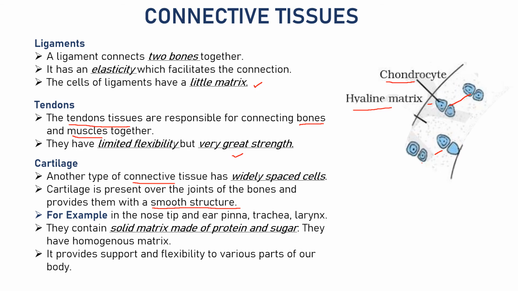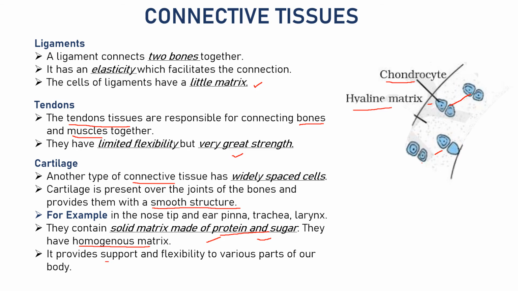This matrix is made up of protein and sugar. Very important. The matrix of cartilage is made up of protein and sugar. They have a homogeneous matrix. That means the composition is the same throughout the matrix.